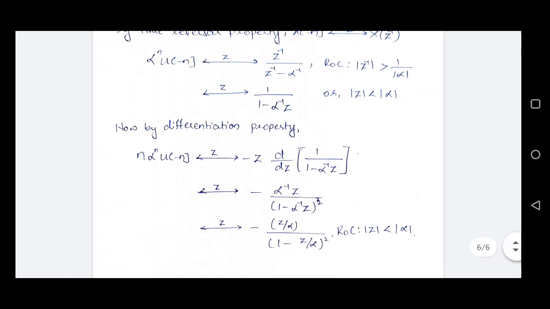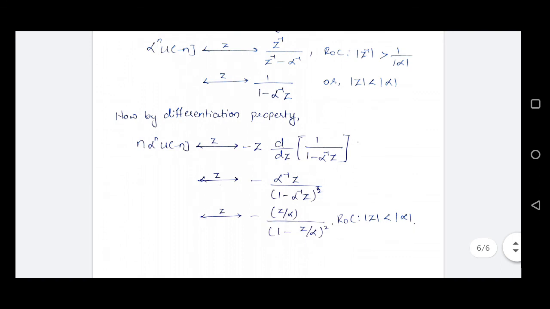Now by applying the differentiation property, we'll obtain the discrete time sequence for which we are finding the z transform, that is n alpha^n u[-n]. By the differentiation property, its z transform has to be minus z times the first derivative of 1 divided by (1 - alpha^-1 z).